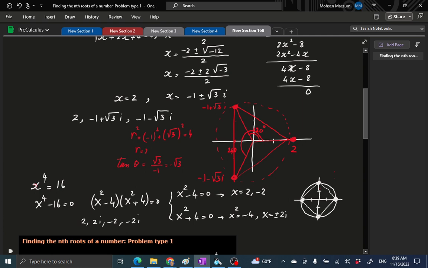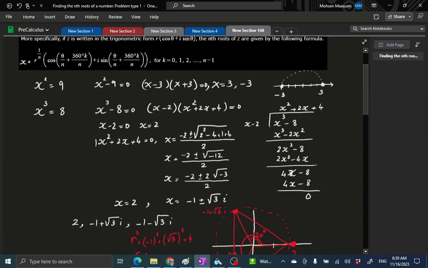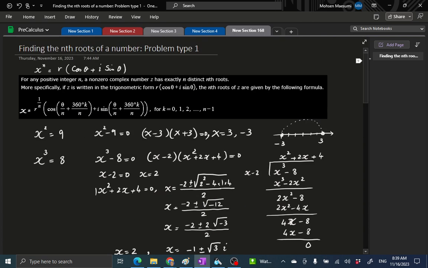The solution is very simple. If I locate one of these points, then I think about a regular n-gon, where n is my exponent, and I simply go from one vertex to the other, and that is what this equation is trying to tell us.